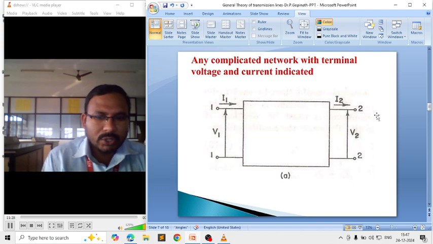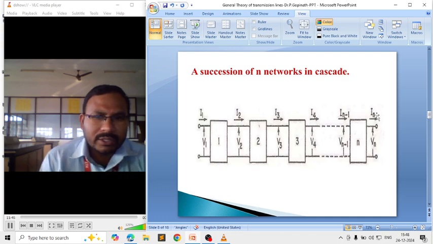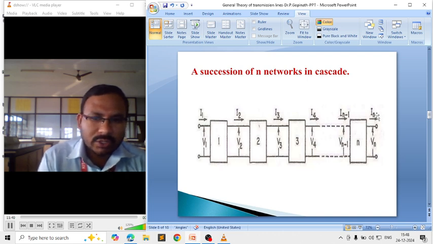On the input side we have the voltage V1 and the current flow I1. On the output side, the voltage is denoted V2 and the current I2. A succession of n networks in cascade is the structure for a cascade transmission line.